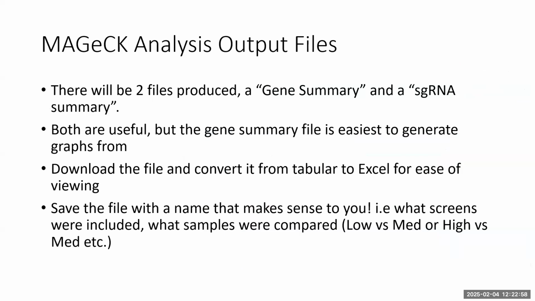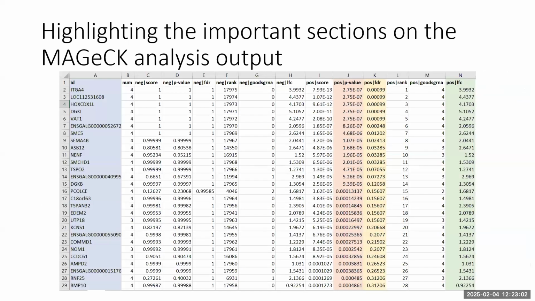Okay, so then it gives you a number of values. I think it should look something like this. Is that what it's looking like? Yeah. The key columns here: you've got one on the far left, which tells you the gene name. And the ones that we're looking at are the positive values, because we're looking at the enrichment ones.